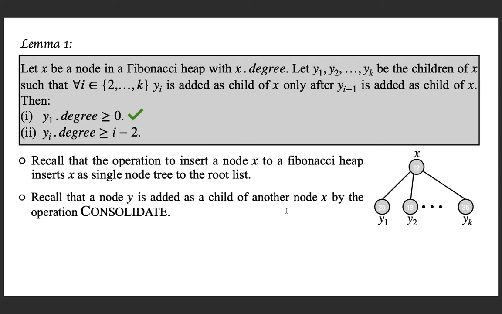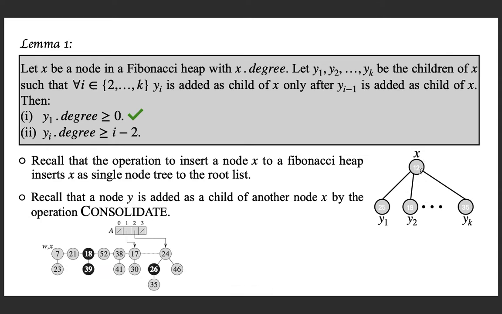Also, a node y is added as a child of another node x, say like this, by the operation consolidate. If you recall all the operations that we discussed over the Fibonacci heap, this is the only procedure which sets one node, say y, as a child of another node. And if you recall this procedure, when we found that there are two trees of the same degree, then we will make one tree rooted at say 17 a child of another tree with the same degree.